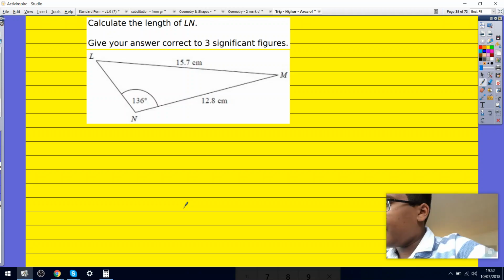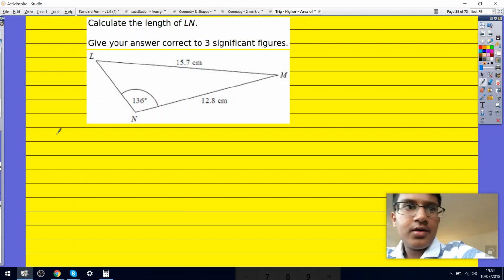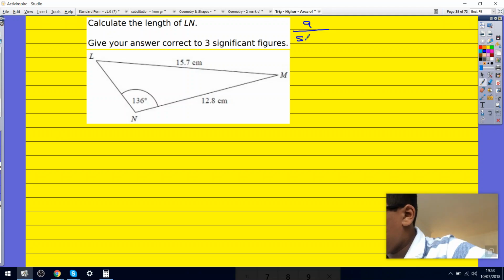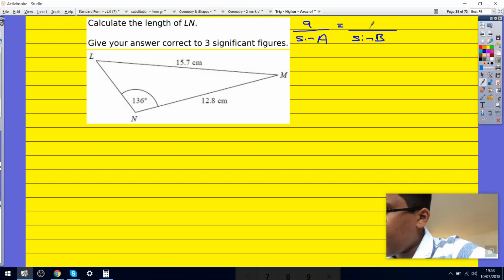If we mark that X, I'm thinking we could have A over sine A equals B over sine B. And then we have 12.8 over sine A, we'll keep it sine A, equals 15.7 over sine 136.